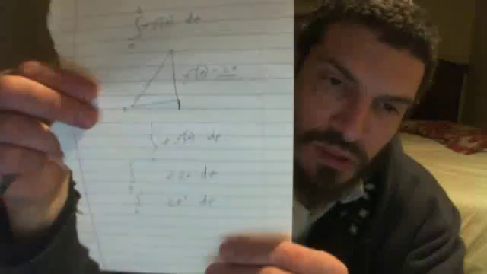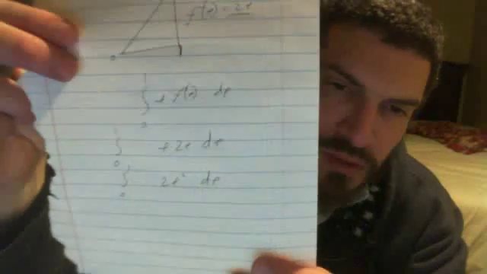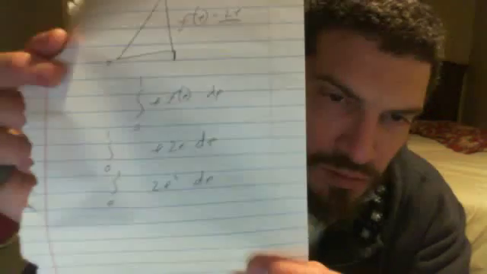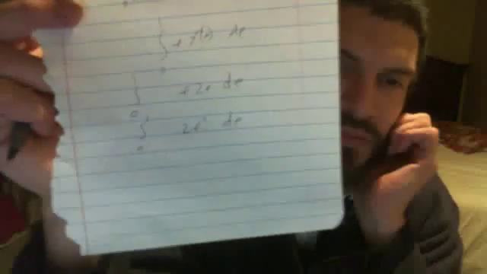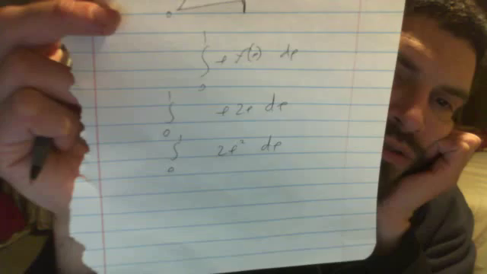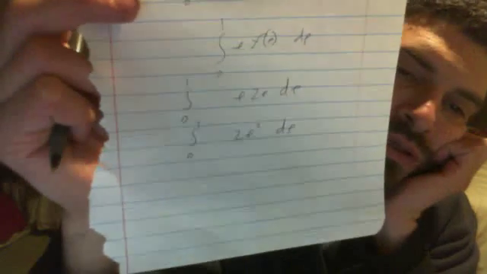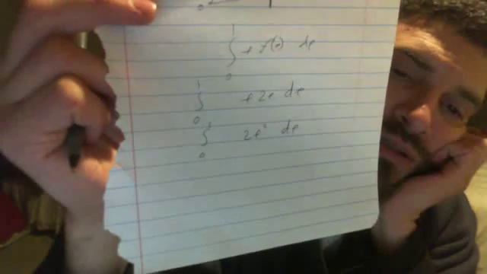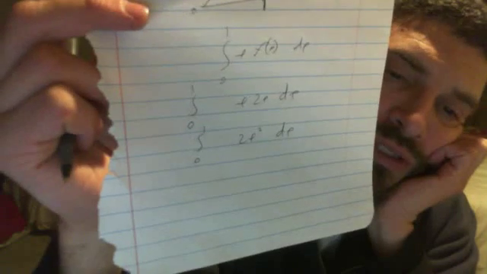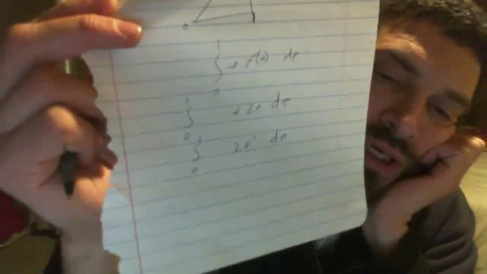I'm going through each step separately. As you see, it's x f(x), then x times 2x, so it's 2x squared, 1 to 0. To integrate that, we know it's x cubed times 2/3.